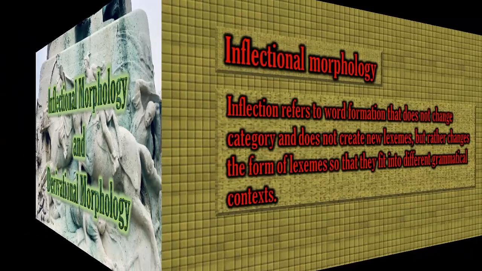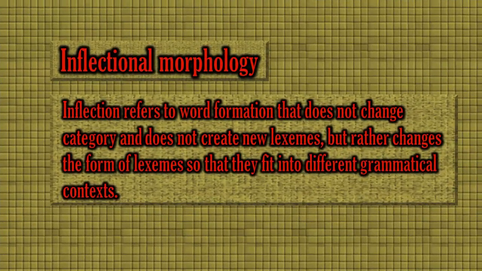What is inflectional morphology? Inflection refers to word formation that does not change category and does not create new lexemes, but rather changes the form of lexemes so that they fit into different grammatical contexts.